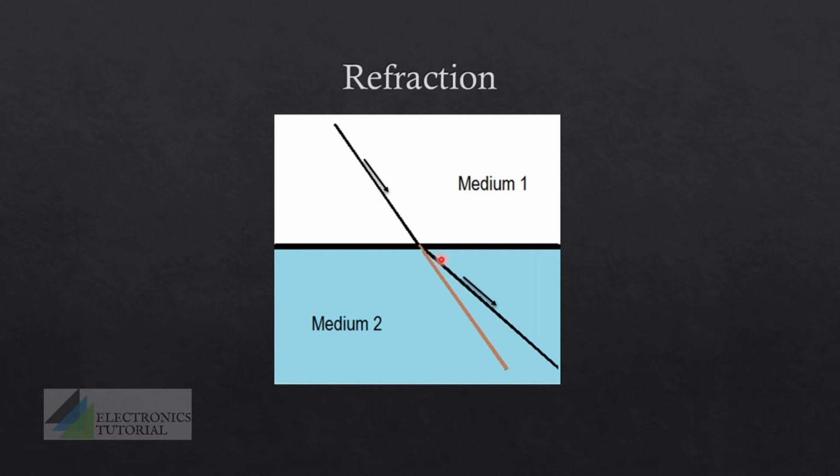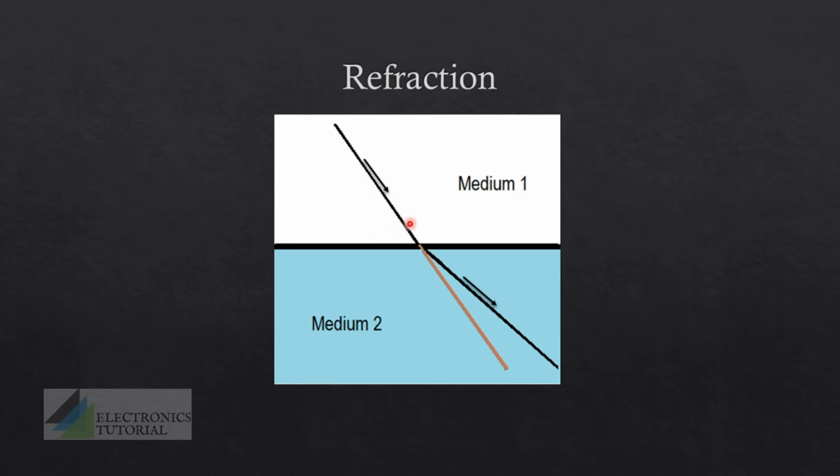This phenomenon of deviating from the original path when the light beam travels from one medium to the other is known as refraction. Here also we can consider an imaginary axis commonly known as normal. So there will be an angle of incidence and the angle of refraction can also be measured from the normal.